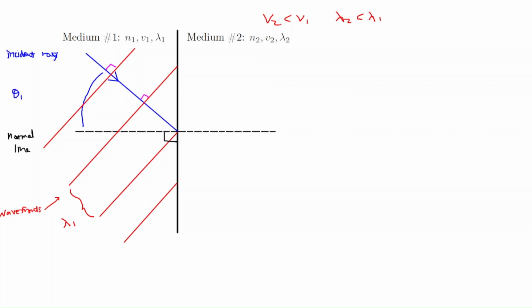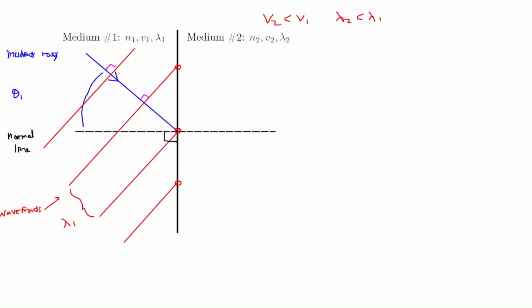But we also need to make sure that wherever we have a wavefront crossing from the left, it's attached to a wavefront on the right. This is a subtle way of saying that the frequency has to be constant. You can't have a wave entering that boundary and not exit that boundary at the same point and at the same time.